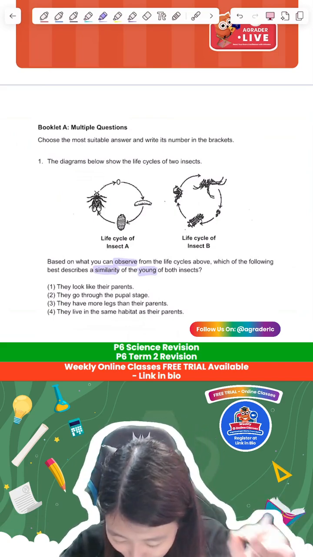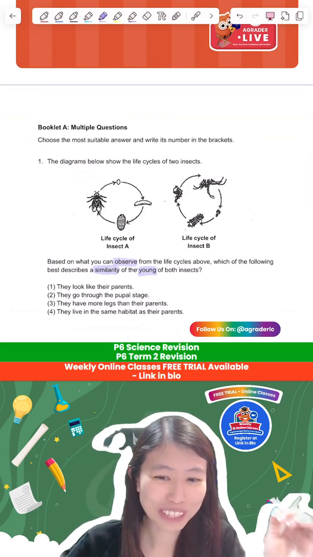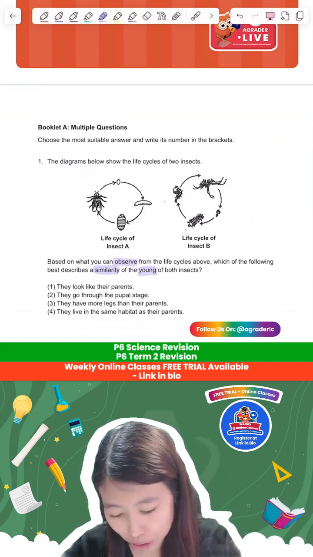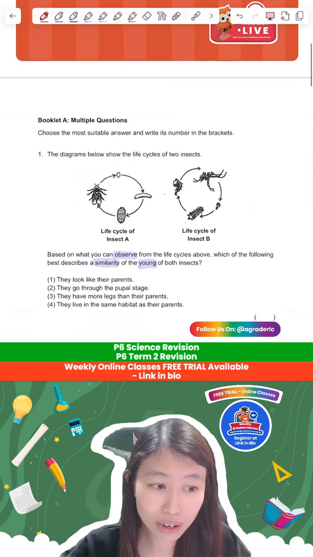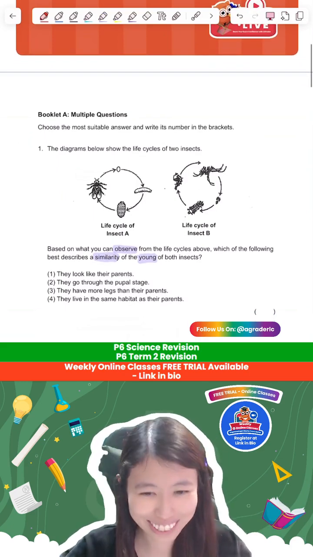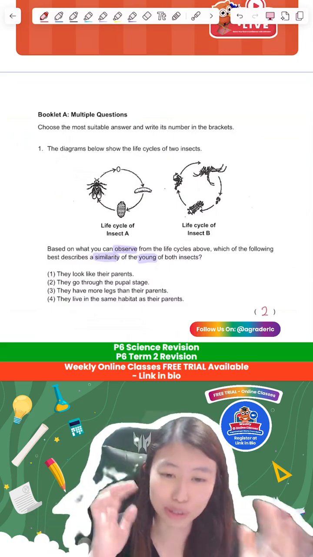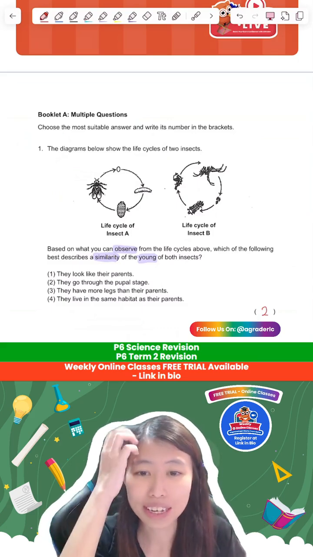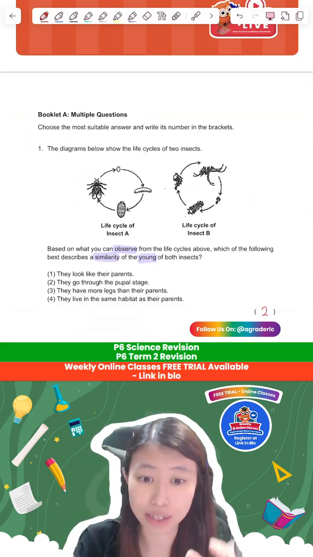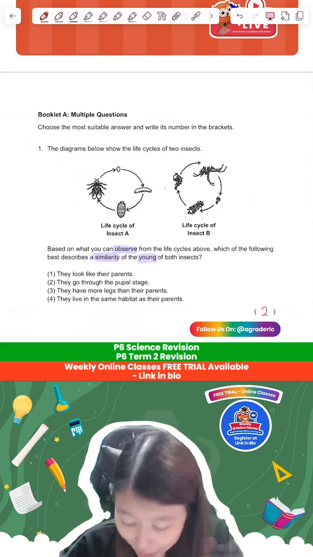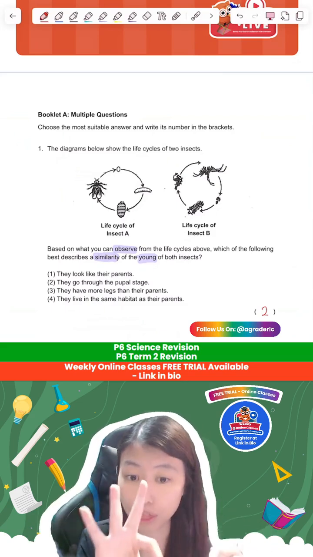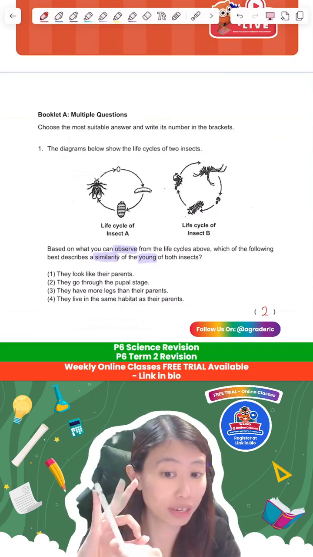Those of you who chose number 2, you all got it correct. Yes, the answer is number 2, but let me explain in case some of you don't know why. When they ask for similarities in a life cycle, you can compare 3 things: stages, location, or resemblance.